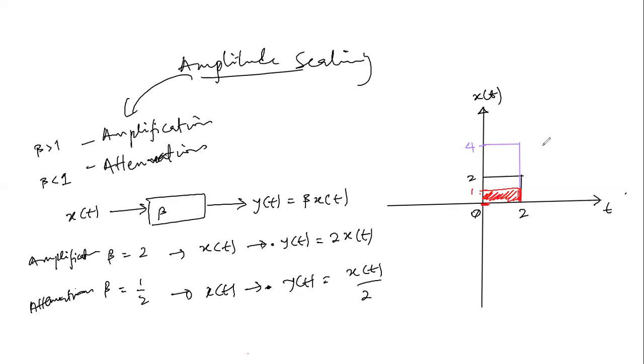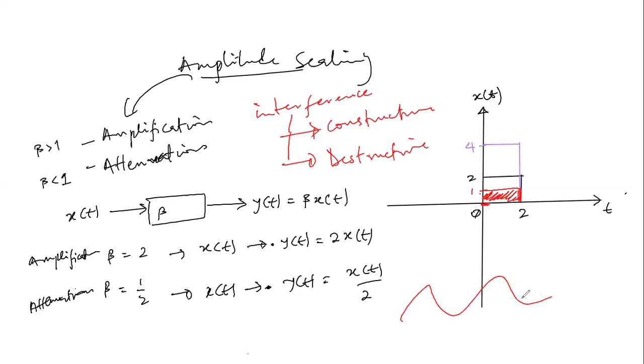And there are times we may want to attenuate the signal, or better say cancel it out. So you talk about interference. You must have heard the word interference. Let's say simply we could have constructive interference or destructive interference.